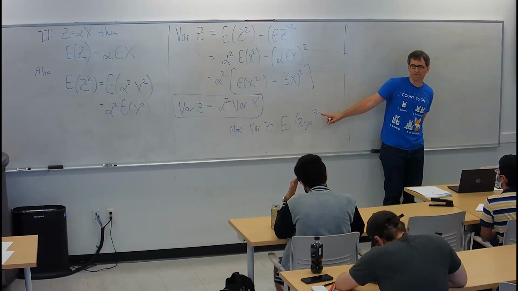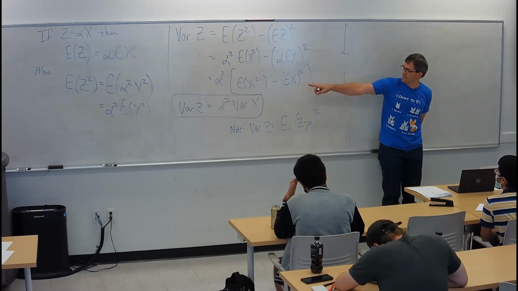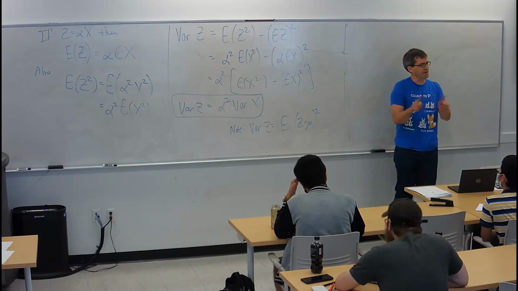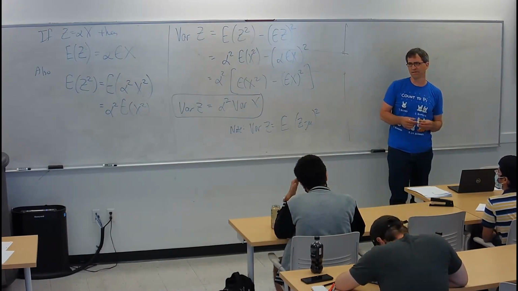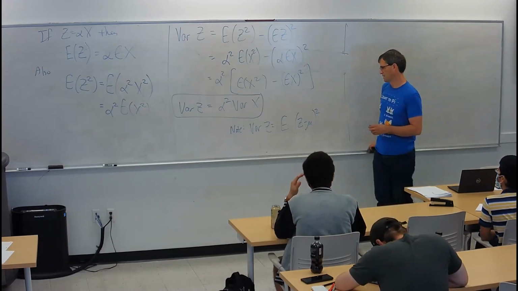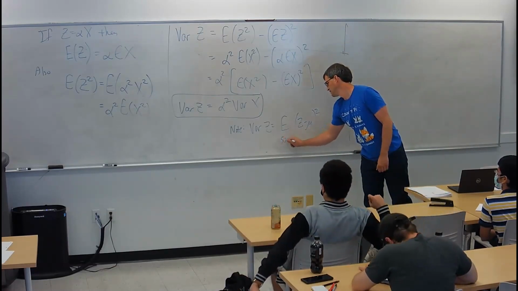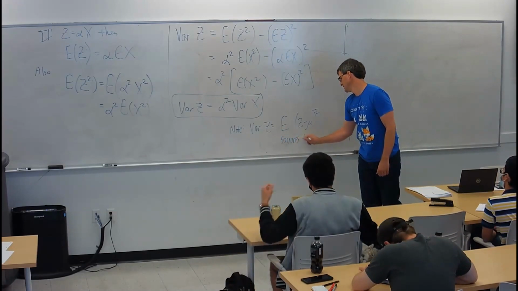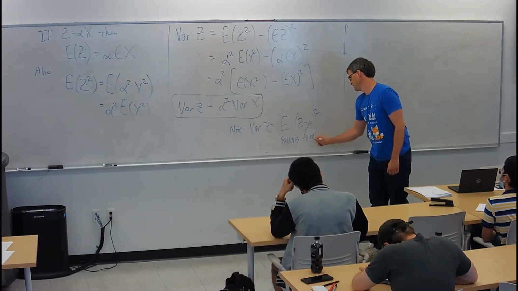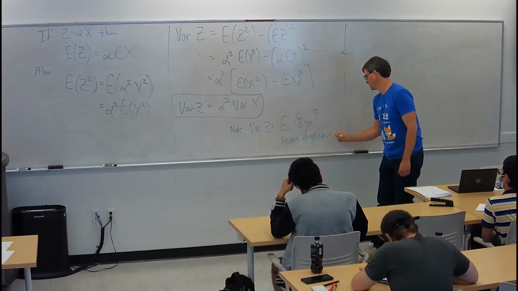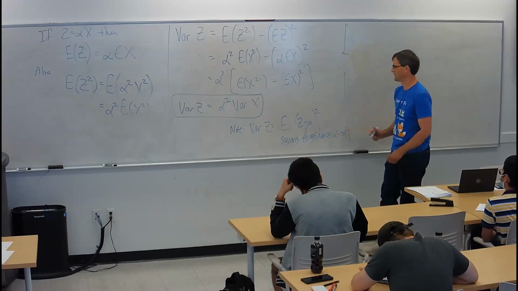So it shouldn't be terribly surprising that that stretching factor alpha got squared when we took variance. So that squares things. Which is why we had alpha going to the square of alpha.